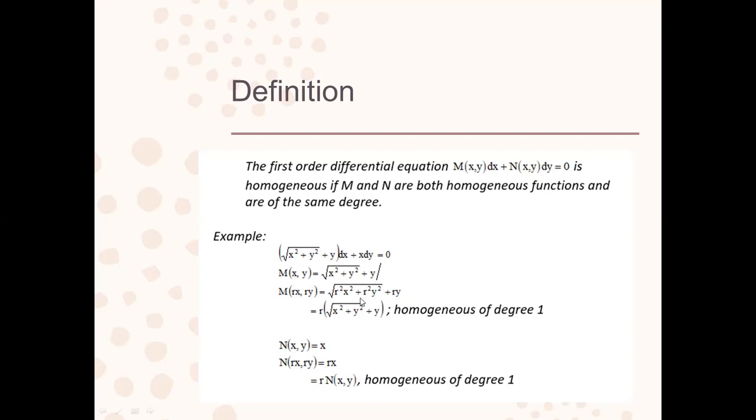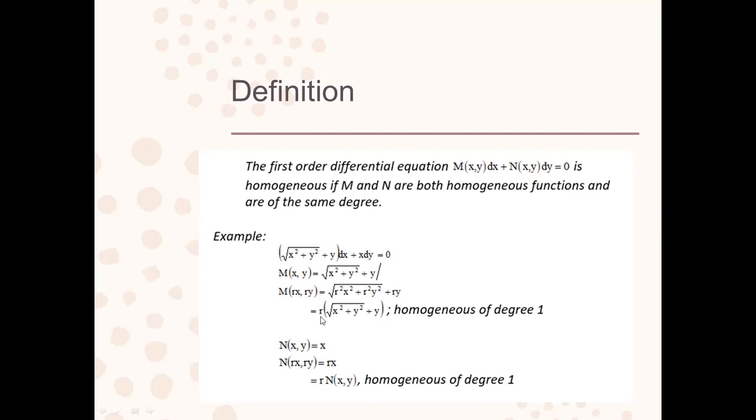What will happen is you can factor out the r squared under the square root sign. And if you perform the square root, that would be r square root of x squared plus y squared. And this r here and the r, which you have already performed the square root of, could be factored out. So you can see now that the original identity of the M, which is this expression, is preserved.